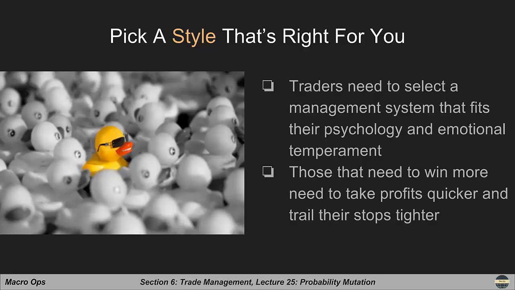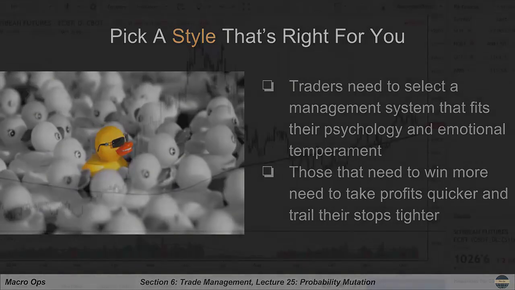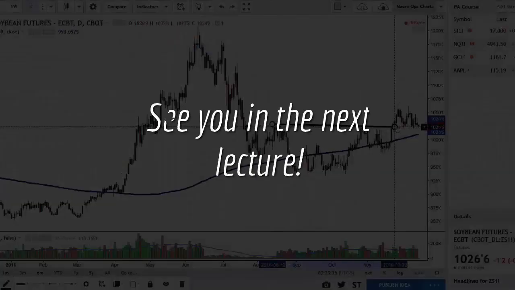And in that case, you'd be using tighter stops, holding on to your winners for much longer, and trying to run them for really, really big trades. So you've got to structure your trading plan ultimately around what works for you. And I hope you can use the concepts in this lecture to tweak your system and align your win rates with your emotional needs.